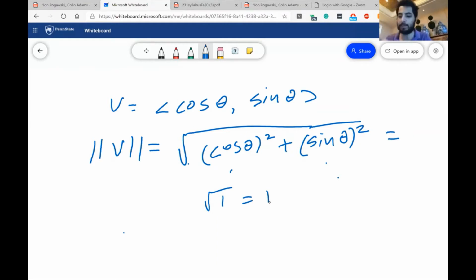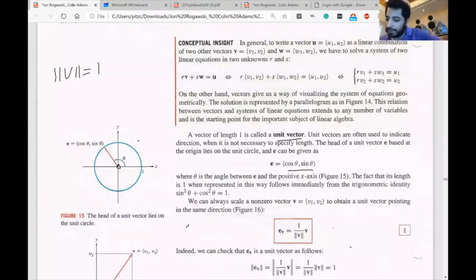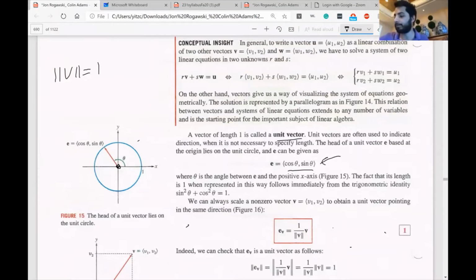So the magnitude is in fact going to be 1. So yeah, that's why any unit vector can be given in this form with the tail lying at the origin, and with theta the angle between the line and the x-axis.